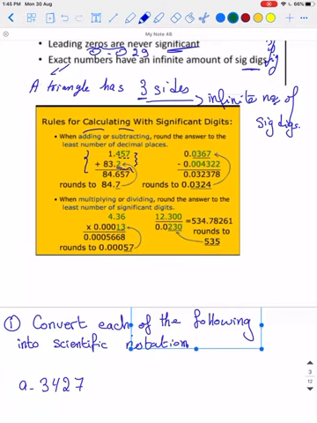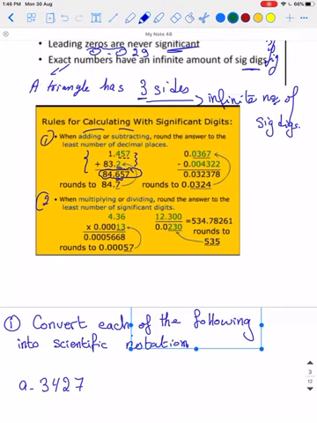So when we add these 2 numbers, this is the number I obtain in calculator, but I want the answer to be only with 1 number after the decimal. So I round this up to 7.5, I will add 1 to 6, it will be 7. Similarly, this rule goes for subtraction.